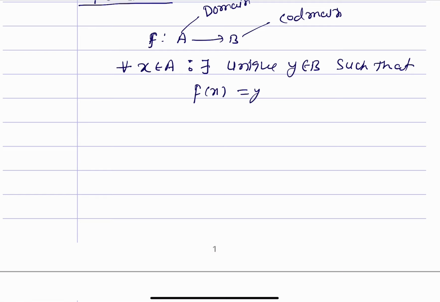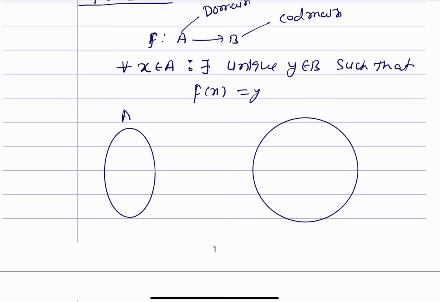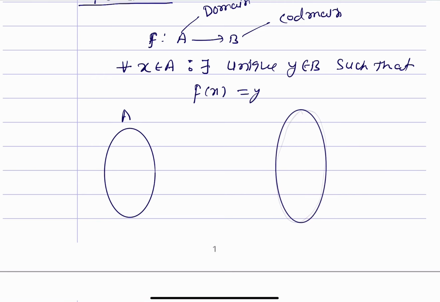Take an example. Okay, so this is our A. A is our domain, and B here is the codomain. So here I can take 1, 2, 3 and A, B, C, D, E, F. Suppose we are going to define a map.